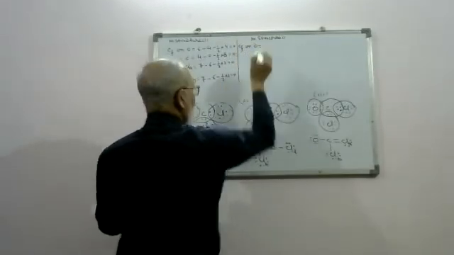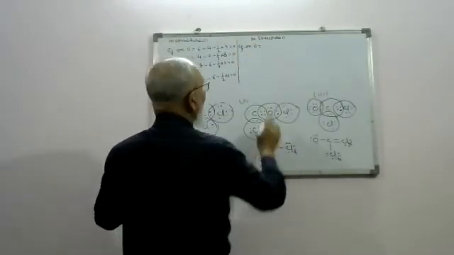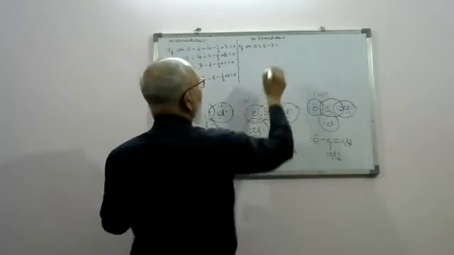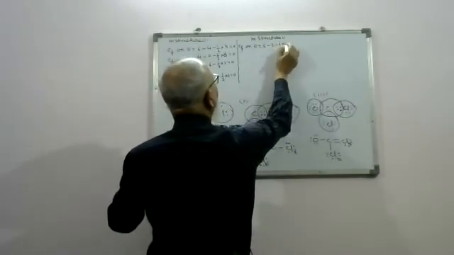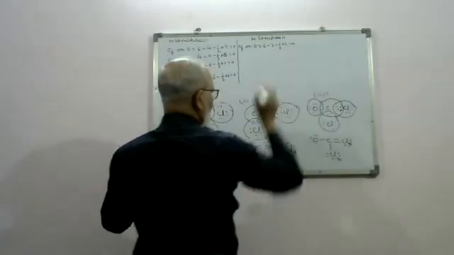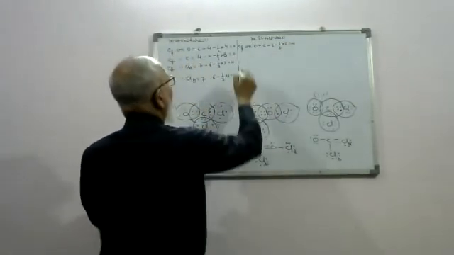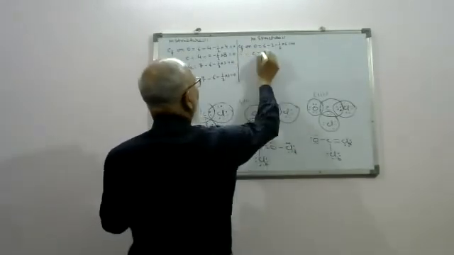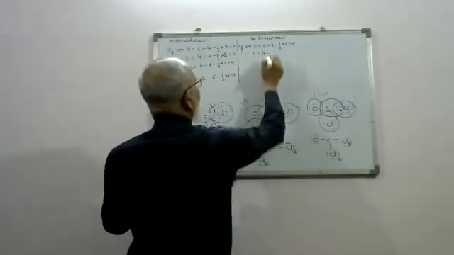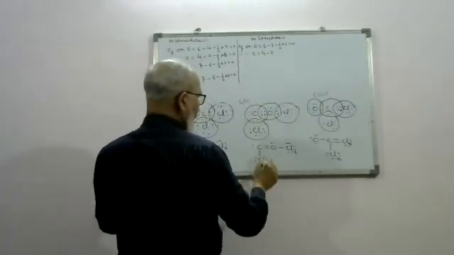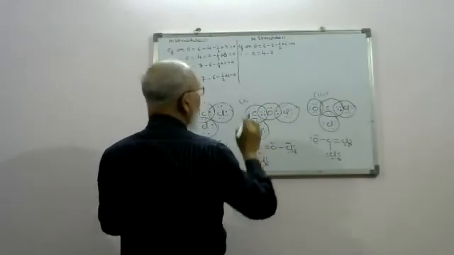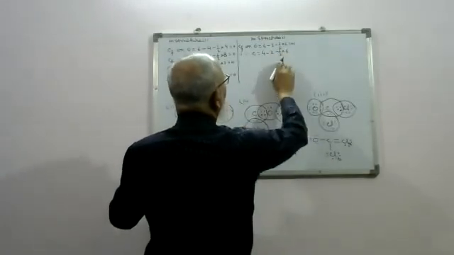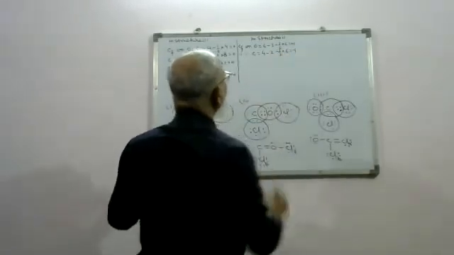FC on oxygen will be equal to valence electrons 6 minus unshared 2, shared 3 bonds. So 1 by 2 into 6. This is equal to plus 1. FC on carbon will be equal to 4 minus unshared 2 minus shared 6, 1 by 2 into 6. So this will be equal to minus 1.